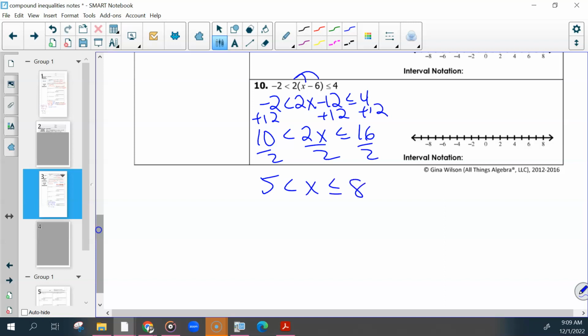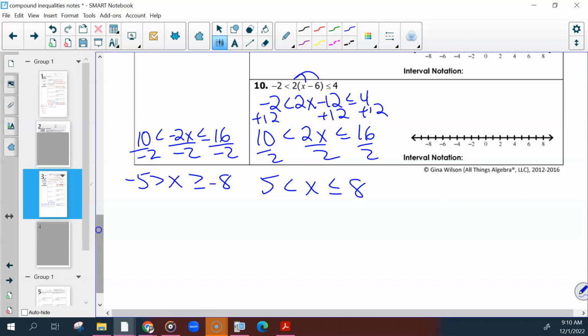Before we graph this and do the interval notation, if the inside happened to be negative, your signs would still change. So I'm going to make up an example really fast. If this was negative and I divided everything by -2, all of my signs would change directions.